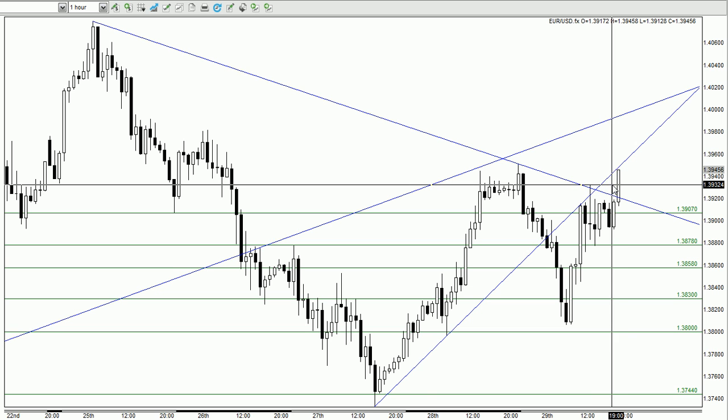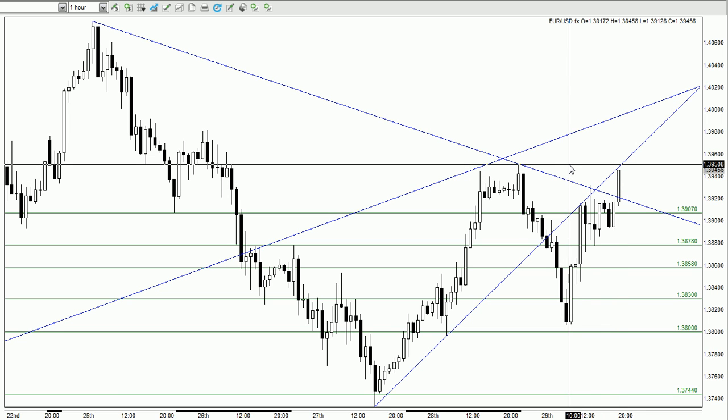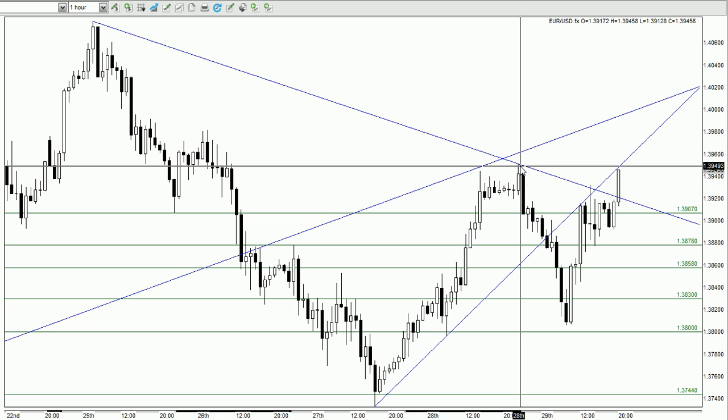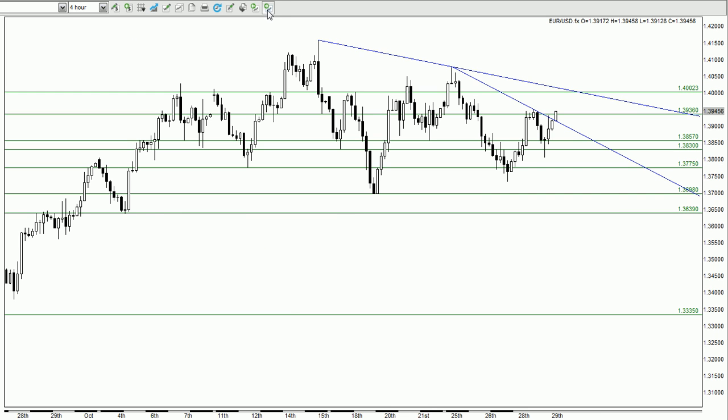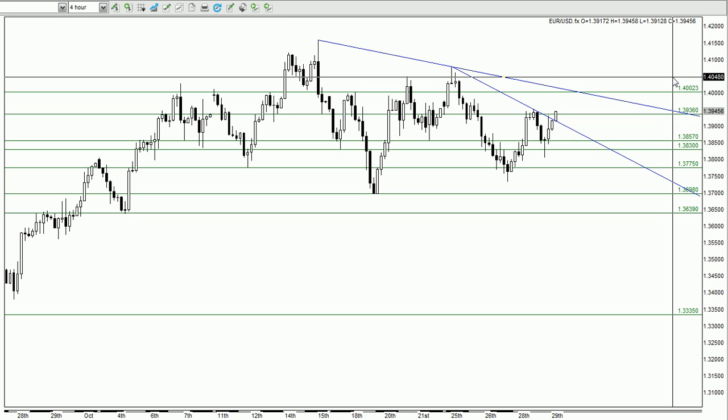Okay, right at the end of the week we had a nice push up. So at this point, our next level of resistance is this swing high right here. If we can go past that, then looking at the 4-hour chart, we have this trend line coming down. We also have really a range of support resistance coming through here, anywhere from 1.4 even through all the way up till, you could say, these swing highs right here at 140.80.